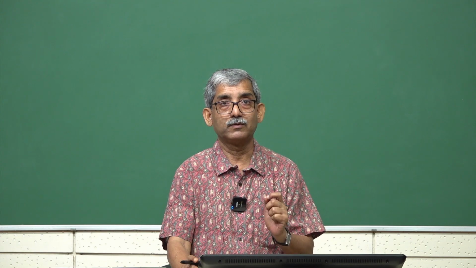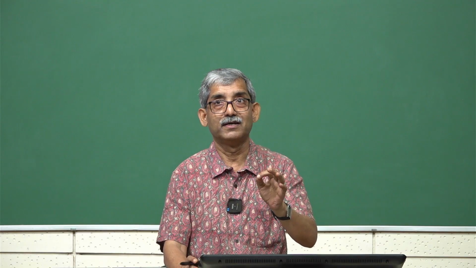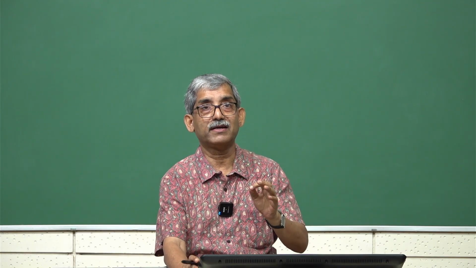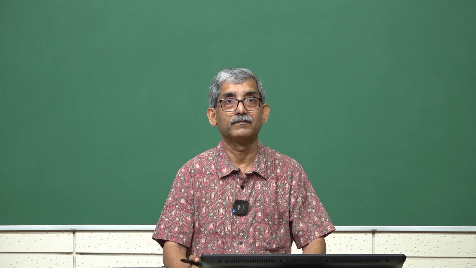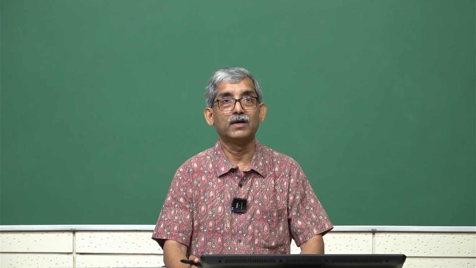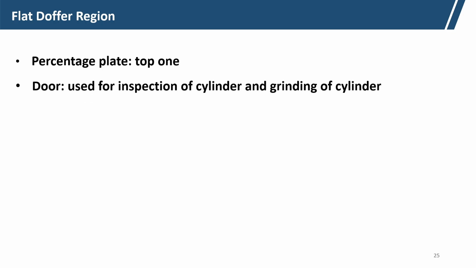Now, coming to what we have discussed, the flat and cylinder region, we will now discuss the flat and doffer region. Here we have three typical plates: the percent plate, the door, and the bottom plate. The percent plate is the top plate.